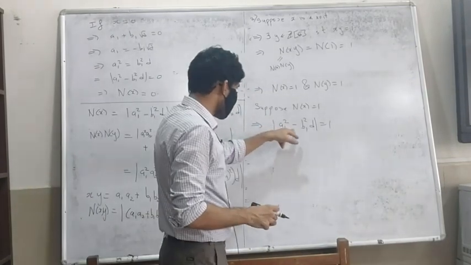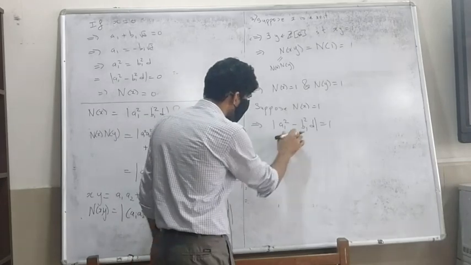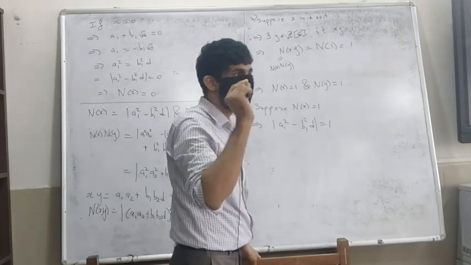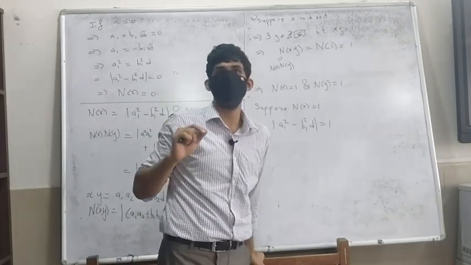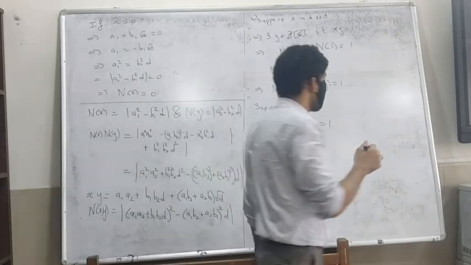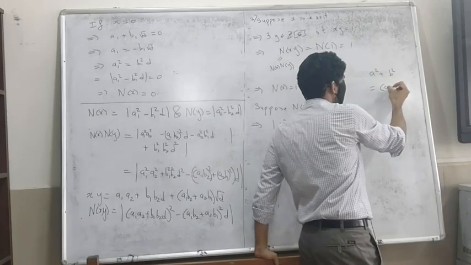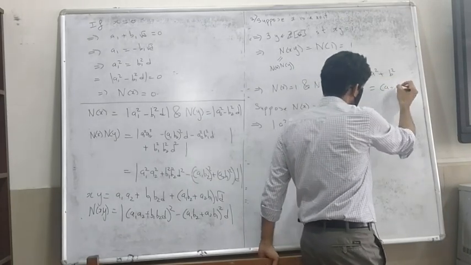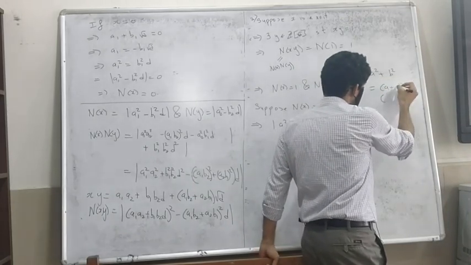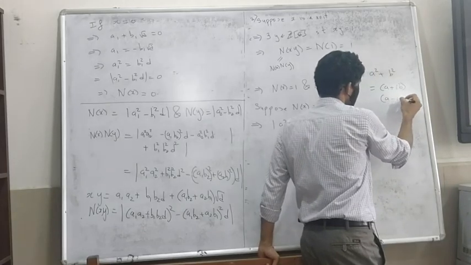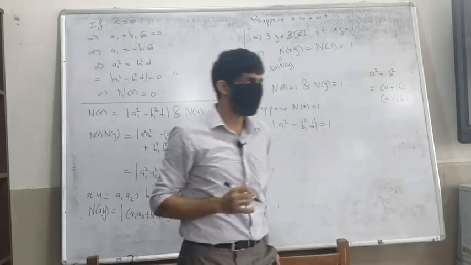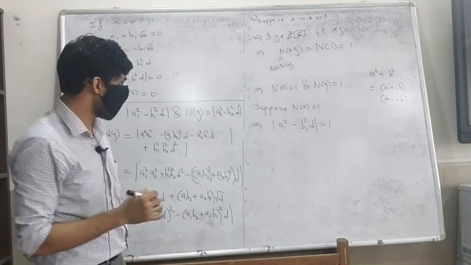So here you can see that this is actually, by imitating a square plus b square, you can write this as a plus ib into a minus ib, kind of imitating that.